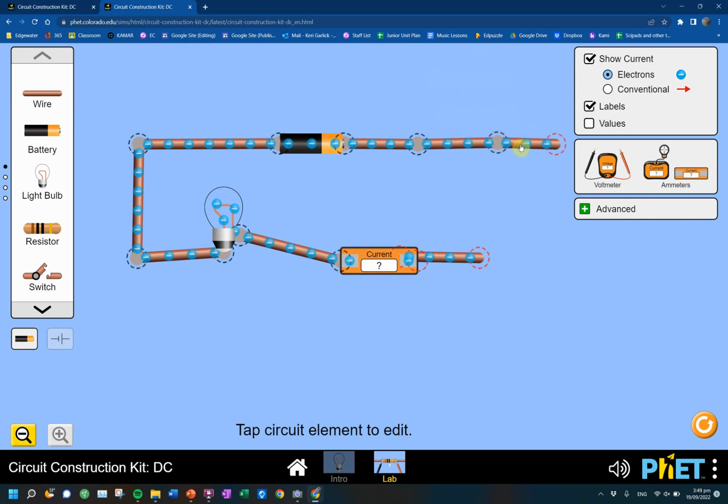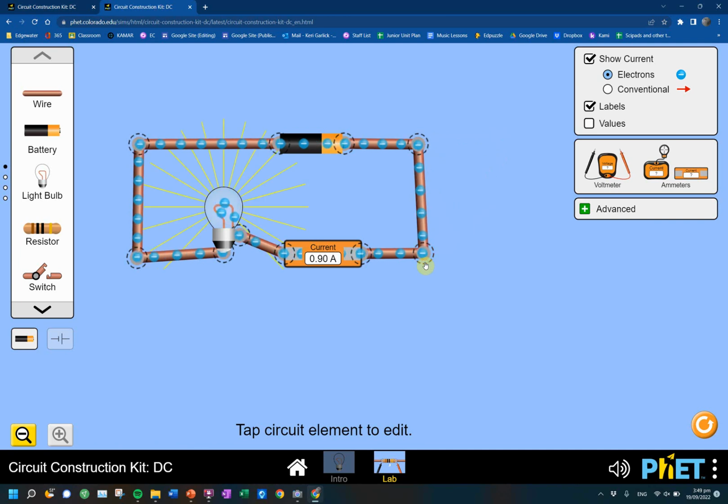So the ammeter is before the light bulb. Sorry, let me just delete that. So I'm going to actually get this going properly. Just going to make these guys a little closer, and that can go down there. All right, there you go.